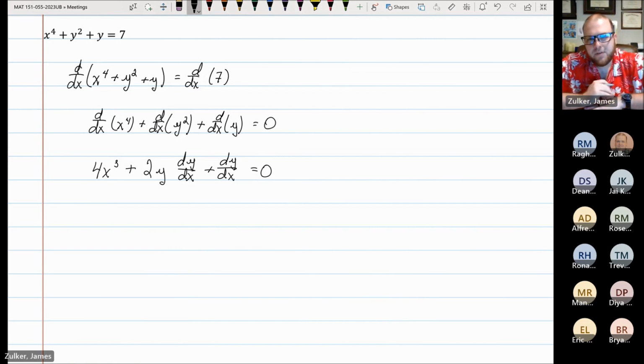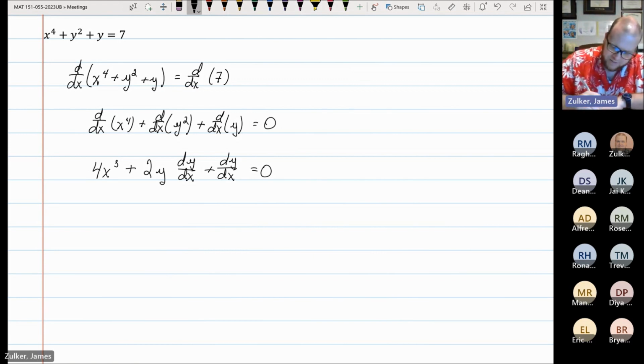Second step. I think the text breaks this into 3 steps. They can all be combined into one step, which is just solve for dy dx algebraically. The first thing to do in that case is to move all dy dx terms to one side, move all non-dy dx terms to the other side.